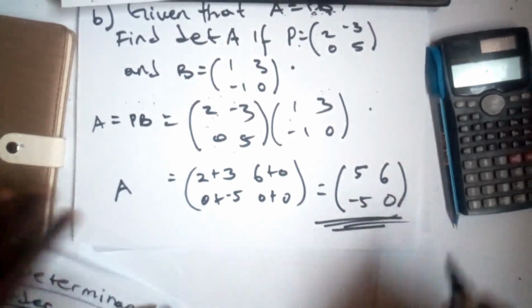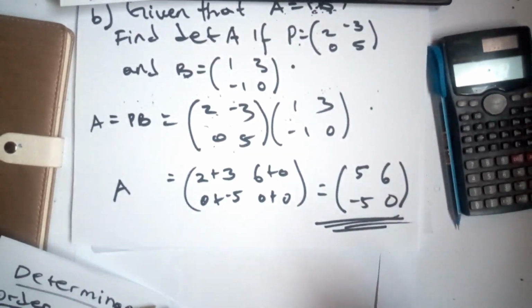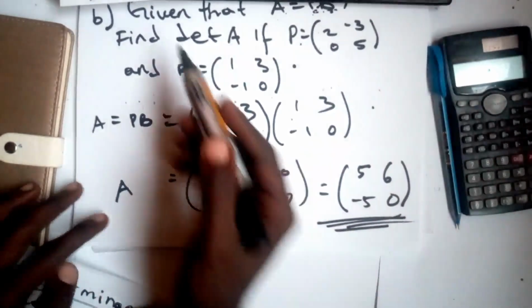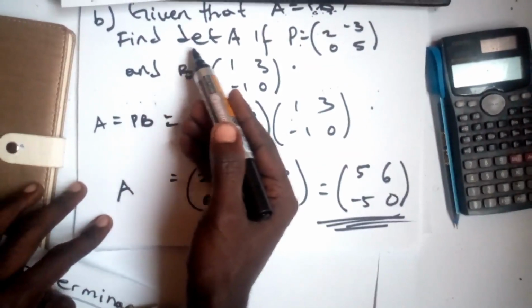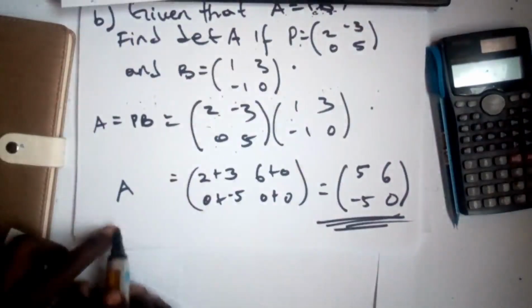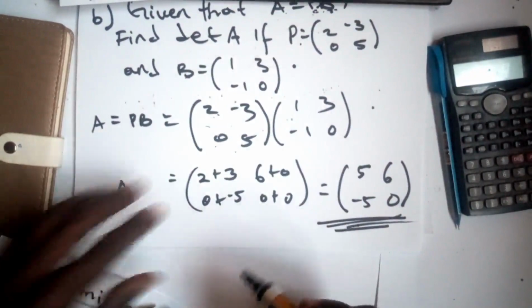Matrix A is that. So what we are left with is finding its determinant, because the question is not yet finished. The question is telling us to find the determinant of A. So now I have matrix A, then I look for its determinant.